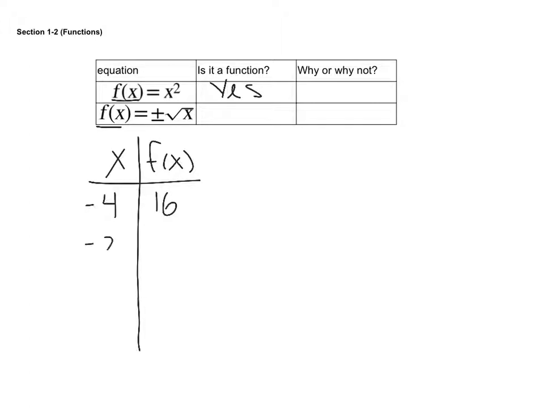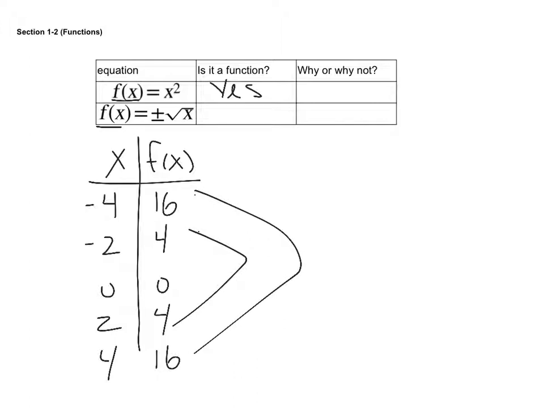If I put -2 in for x, I get positive 4, because -2 squared is positive 4. If I put 0 in, I get 0. If I put 2 in, if I put 4 in, I get 4 and 16. Now notice that my values of y can repeat. I got 2 4s and I got 2 16s.